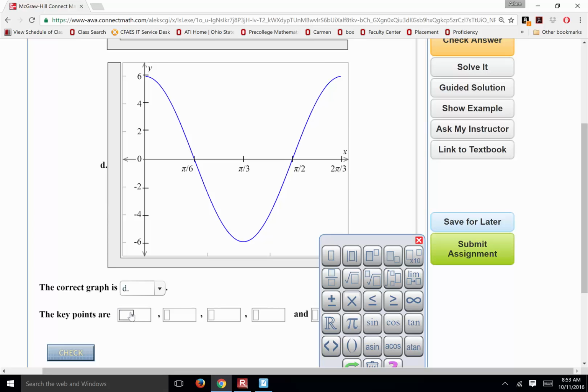They want this 0, 6. This is 0, 6. This is pi over 6, 0. So we may need to cheat and see what kind of answer they want by checking it. The second one is this one. It's pi over 3 and negative 6.